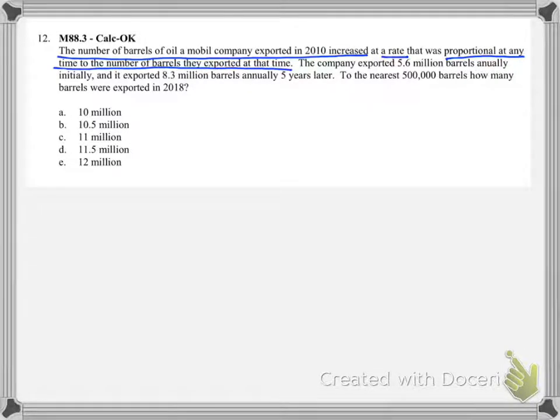So when we think about what that really means, let's say B is barrels. The rate that the number of barrels is changing with respect to time is proportional, with some constant of proportionality K, times the number of barrels they export at any time.